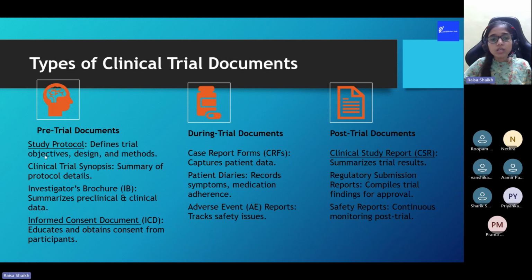Then come the during-trial documents. During-trial documents are case report forms, patient diaries, and adverse event reports. I spoke about patient diaries in the previous slide, but I will speak again.